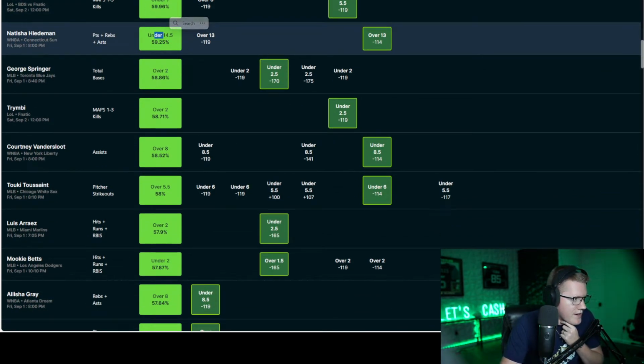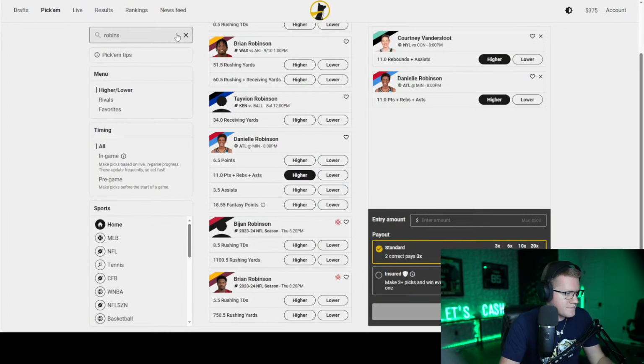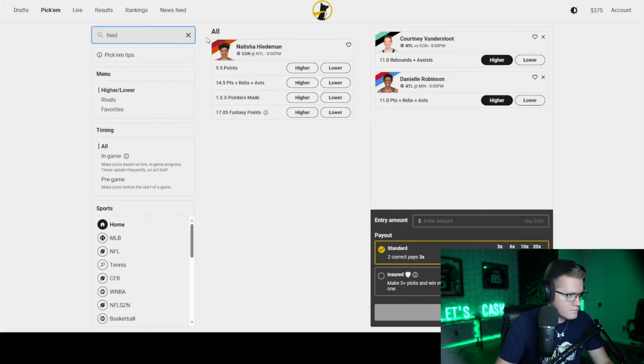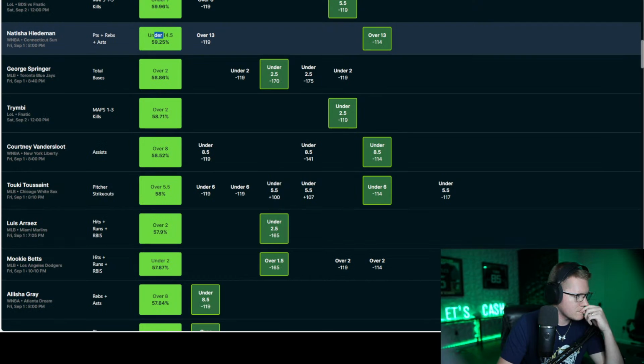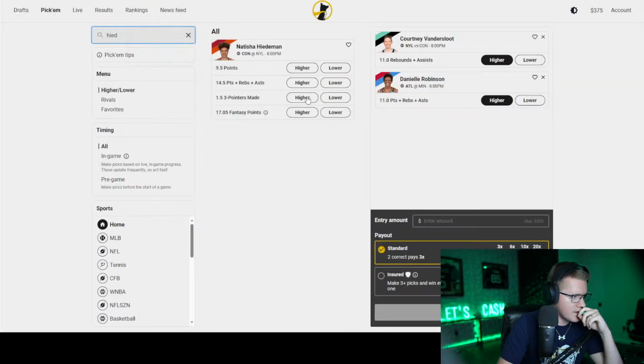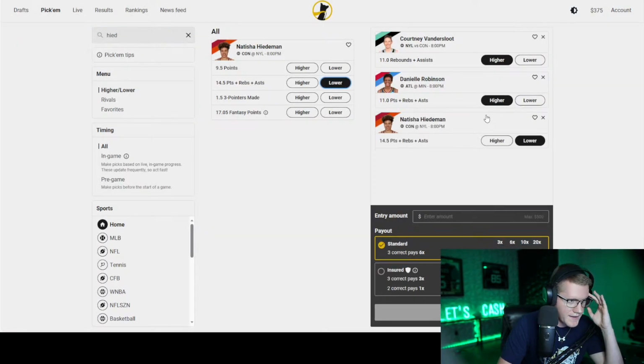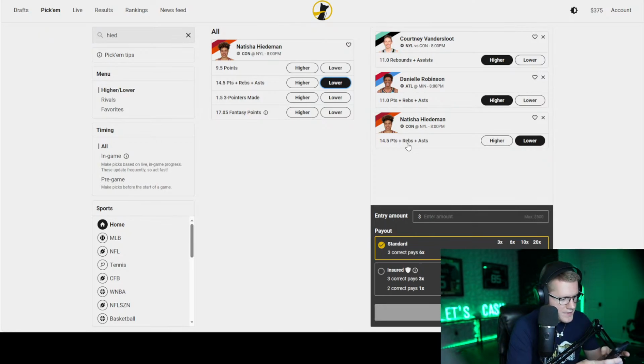This is the one we were looking at, right? Heidman. Under 14.5. Is that negatively correlated? Yeah, no, that's positively correlated because Vandersloot's taking rebounds and assists from Heidman. Whatever. That's great. That's positive correlation, guys.